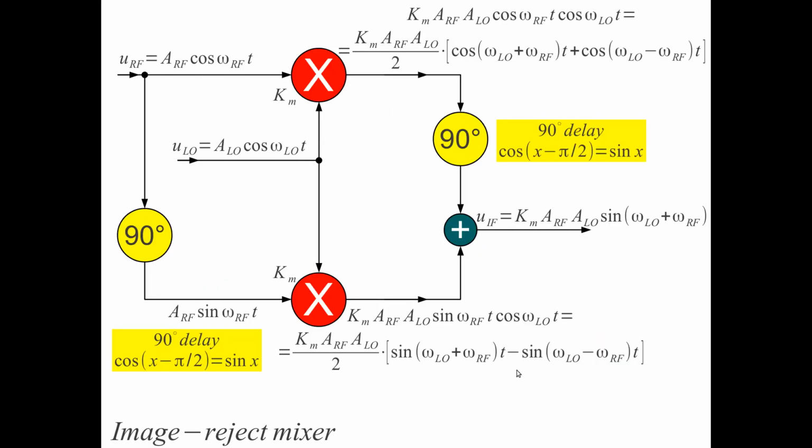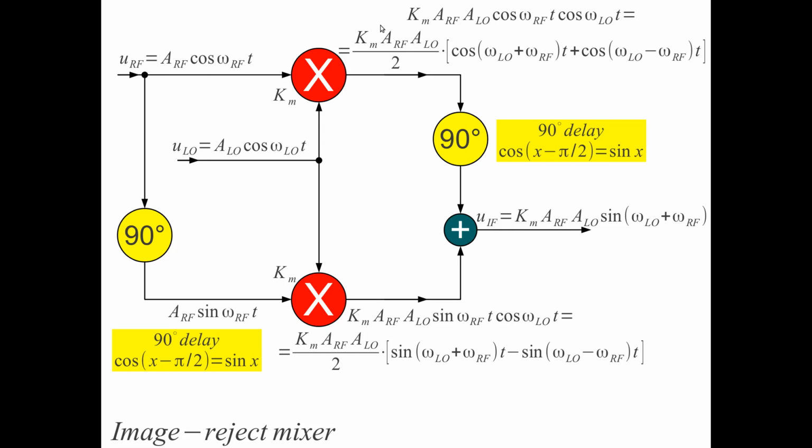An image rejection mixer uses two identical multipliers with the same Km constant of the multiplier. These two mixers are operated in quadrature. So with a 90-degree phase shift on one of the input signals, the cosine changes into a sine function.